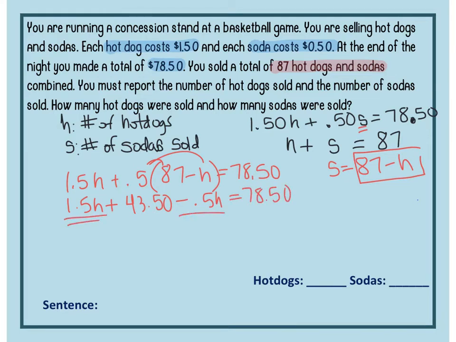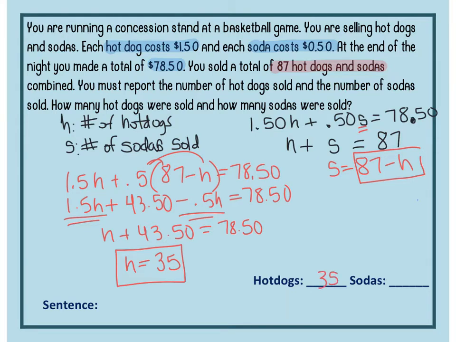Combine like terms. 1.5H minus 0.5H is actually just 1H plus 43.50 is equal to 78.50. Subtract 43.50 from each side. When I subtract 43.50, I get 35. So there were 35 hot dogs sold.